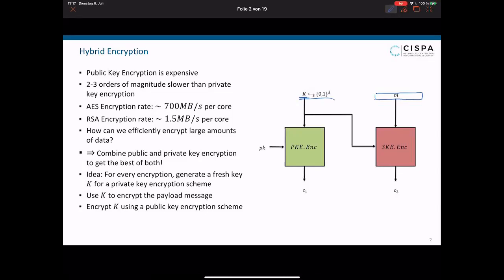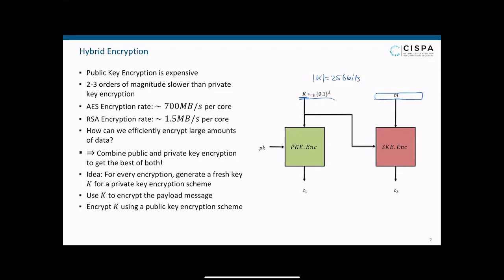Here it says {0,1}^lambda, but the size of K, let's say for typical AES, is something like 256 bits. And then we can encrypt really fairly fast, at 1.5 megabytes per second. Such a small key of just 256 bits is encrypted super fast.